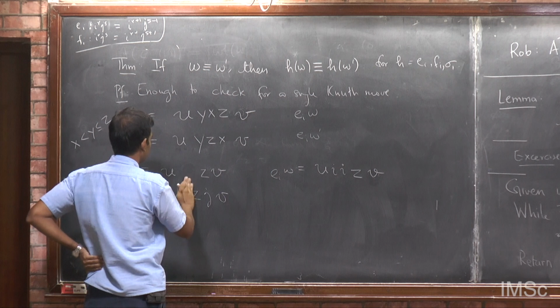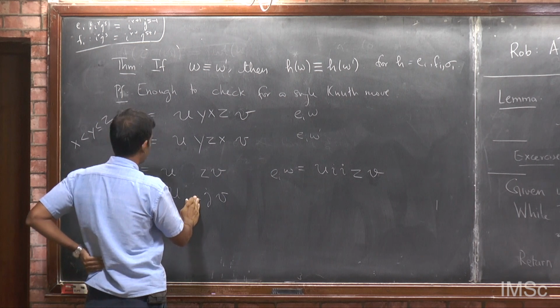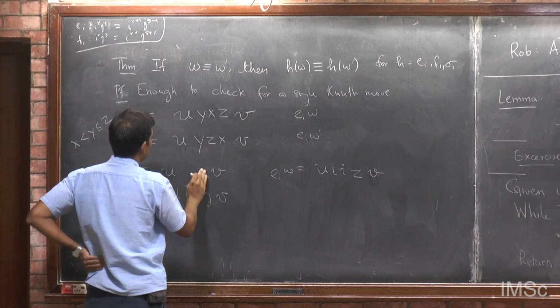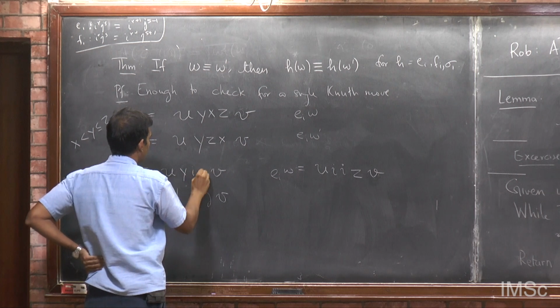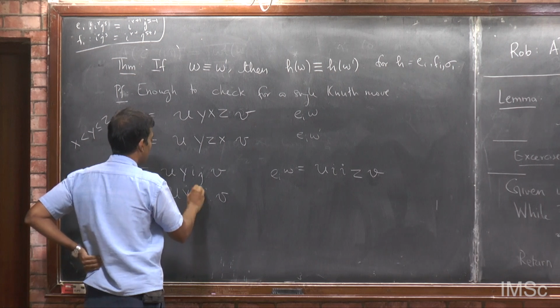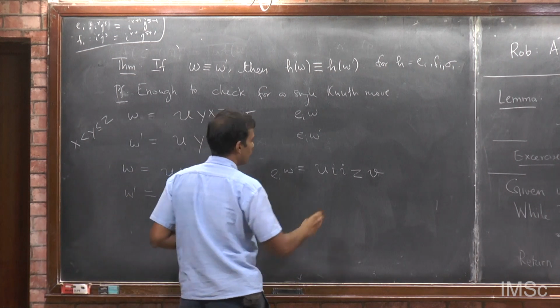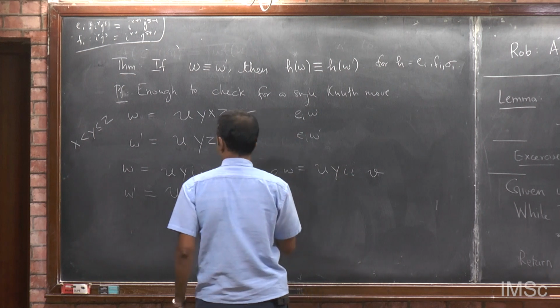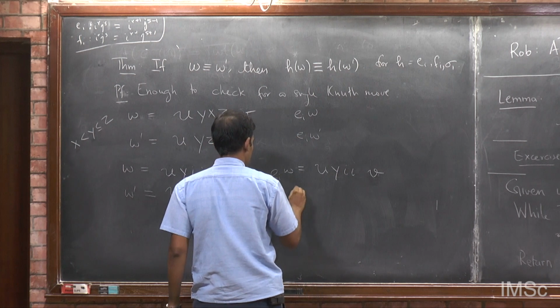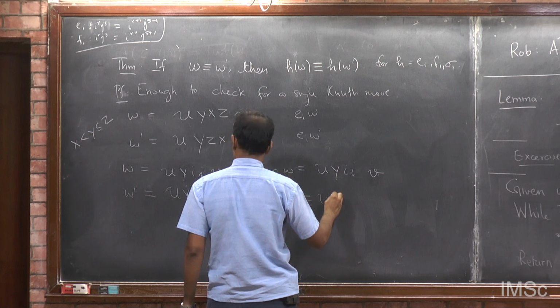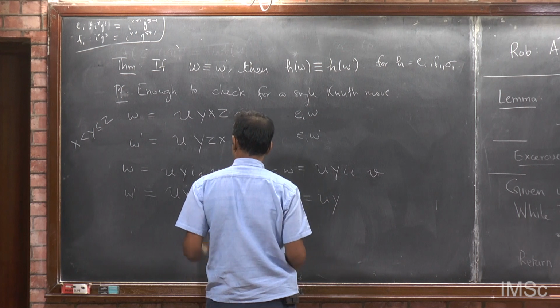So let's take x z, so y I j, and this would be y j I, and here we'd have y I, and here we'd have u y.